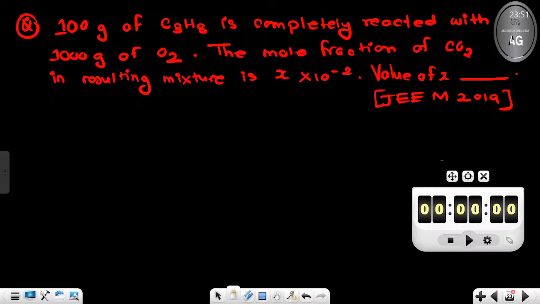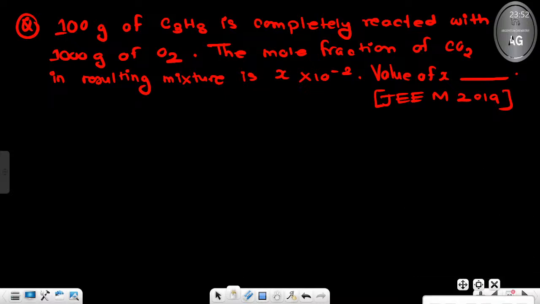Now let's see what the question is. Let's read the question. 100 gram of C3H8 is completely reacted with 1000 gram of O2. The mole fraction of CO2 in the resulting mixture is X into 10 to the power minus 2.